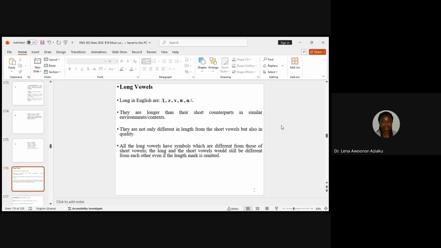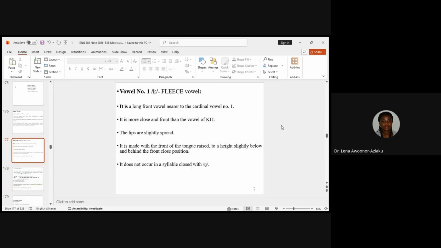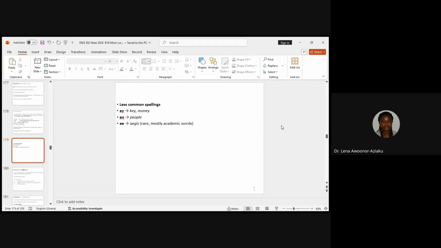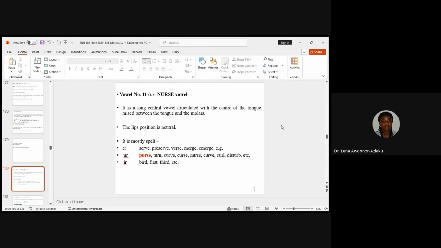Do you agree with me? Because we have feel is feel, long is long, cool, rude, June, start. But if you come to the nurse vowel, we are in trouble, we replace it. So let me go to the nurse vowel.